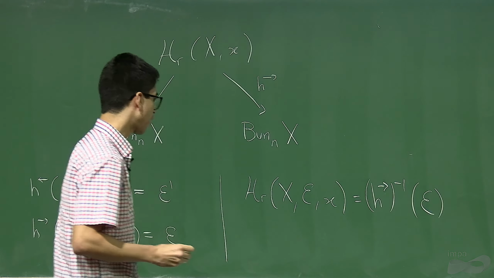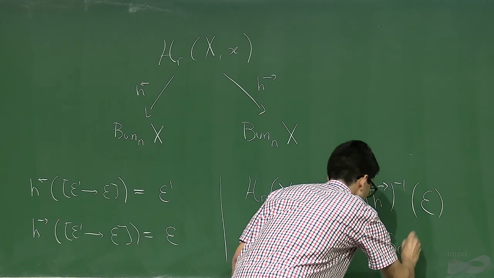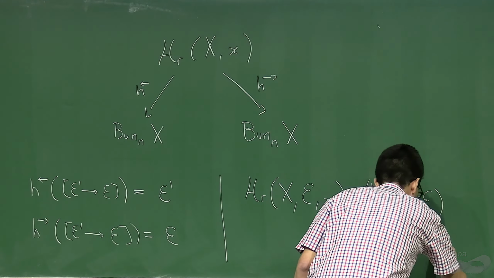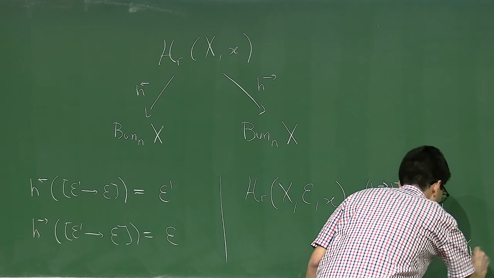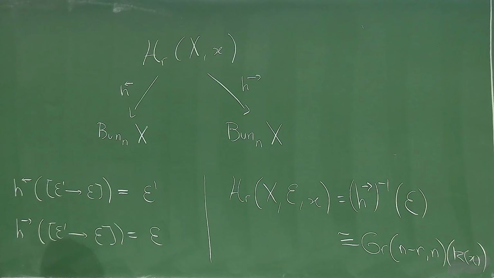And it's a fact that this is isomorphic to the Grassmannian of n minus R in n over the residue field of the point, okay?